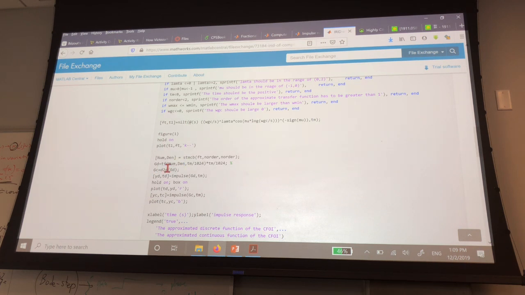D2C is discrete to continuous, since this GD is discrete LTI, and you get GC. So from here, all done. Actually, these are just a few lines; the rest is just visualization, okay? So this discretization can be made really simple if you have NILT.